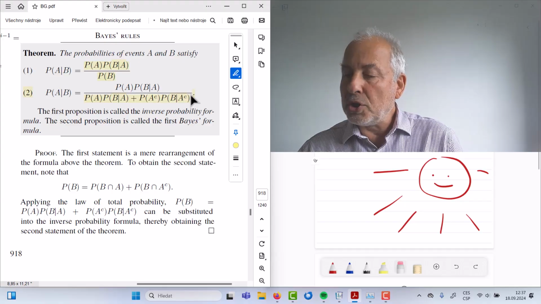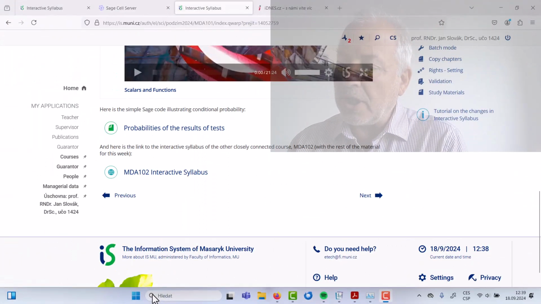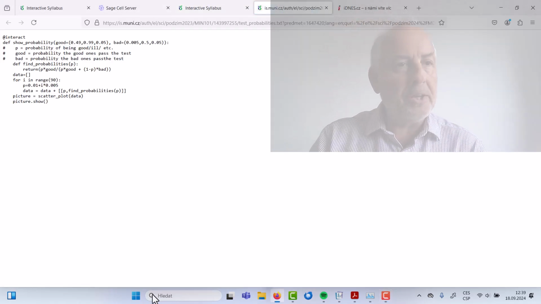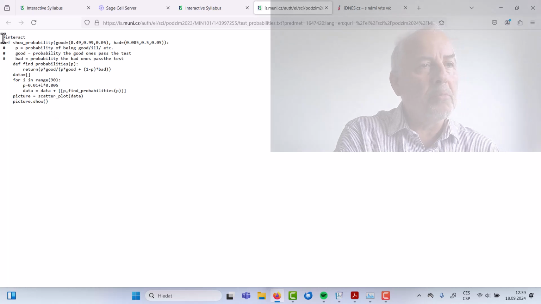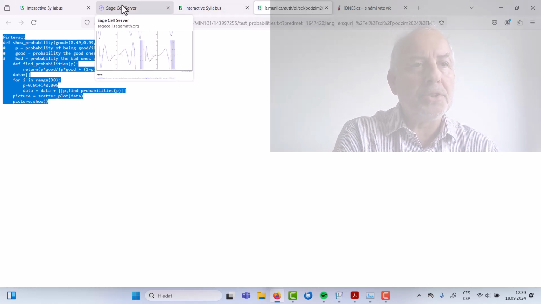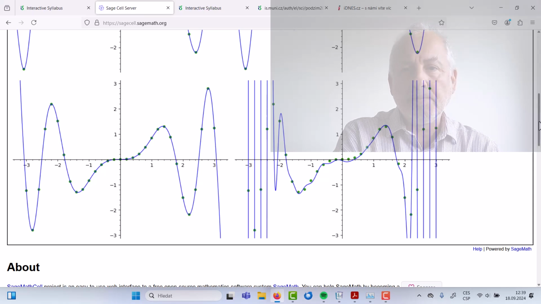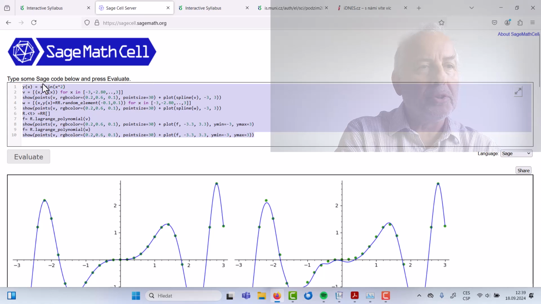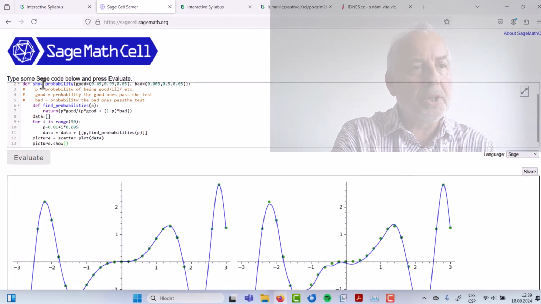And just to have at least one example, in the interactive syllabi you have got this link, which is something we can again get into. And go to the Sage cell. So this is still the one we had there before, so I will just replace it.